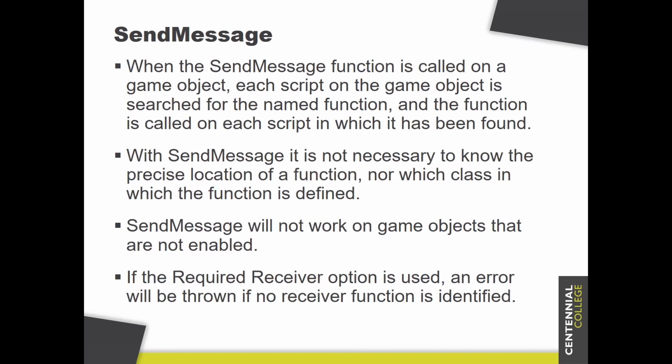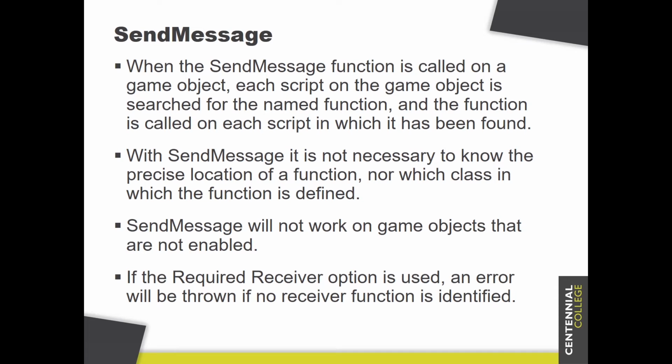Okay, so what happens when we utilize SendMessage? Whether it's SendMessage, BroadcastMessage, or SendMessageUpwards, it goes through and looks for the particular named function across all of the scripts in the object itself, or all of the scripts within the object and its parents, or all of the scripts within the object and its children.